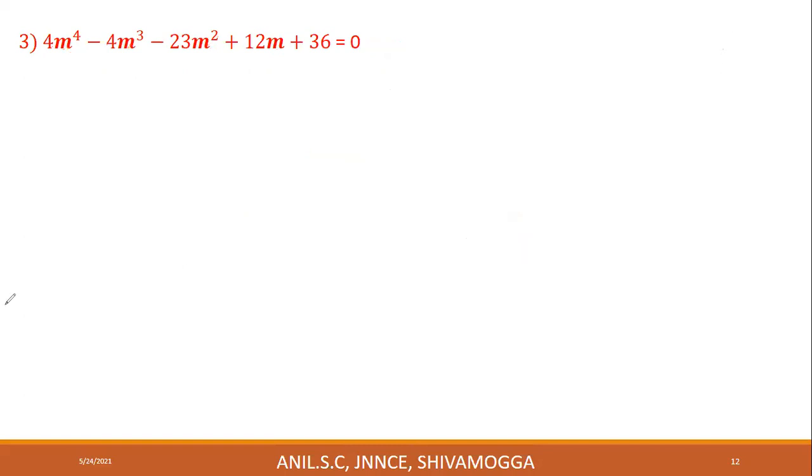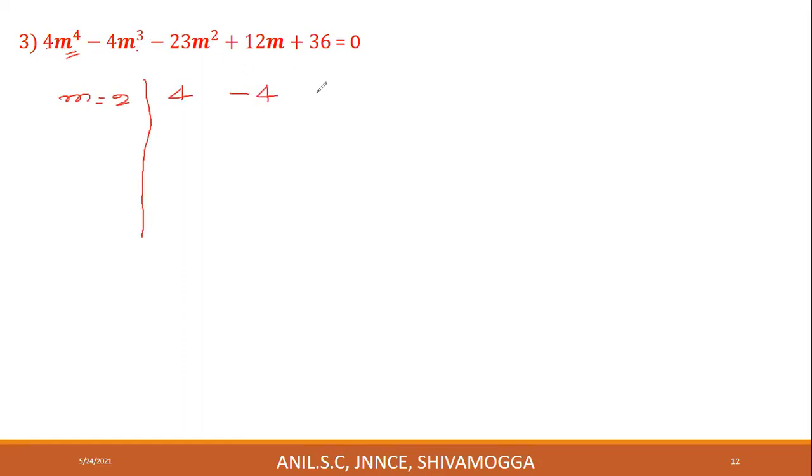Now we go for synthetic division with m is equal to 2. First we write the m power 4 coefficient, which is 4. Next the m cube coefficient, that is minus 4.